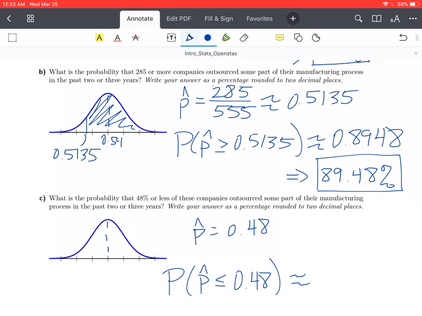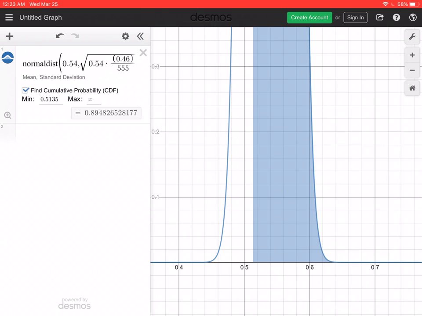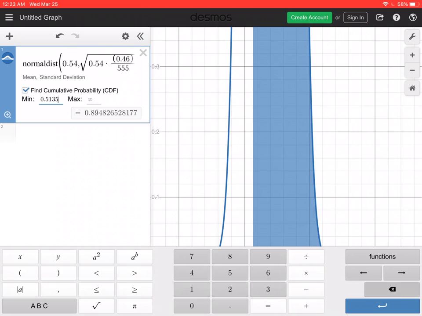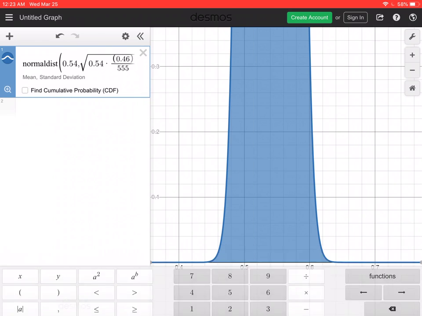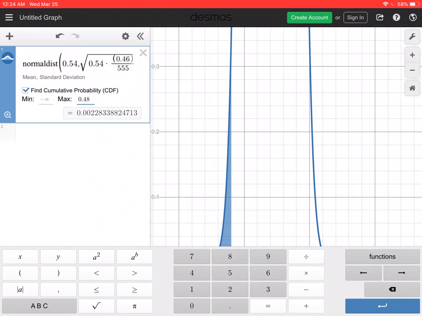Okay, so here's again 0.54, 0.48, somewhere down in here. And we find this on Desmos. This time 0.48 is the maximum.